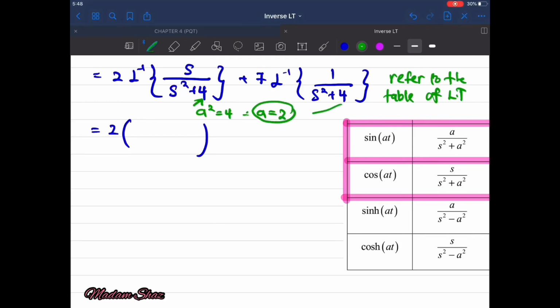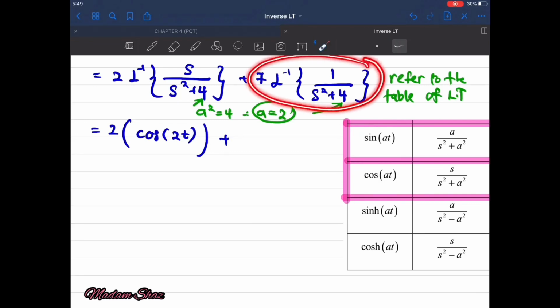So the same thing for here, our a is equal to 2. So s over s square plus 4, this one will become cos of at. So we substitute our a for the cos of at. Cos of 2t plus 7 Laplace inverse 1 over s square plus 4.